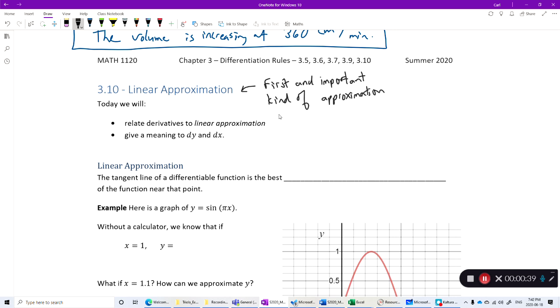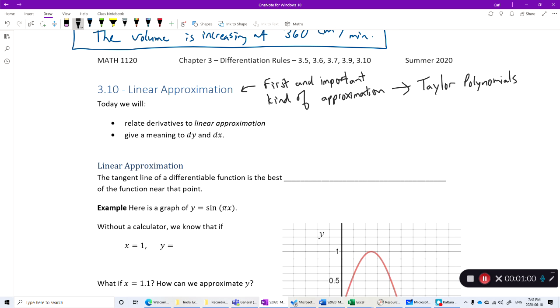Eventually, when you do calculus 2, it'll lead to something called Taylor polynomials, where linear approximation is using a linear function to get as close as you can to some function that we're interested in.